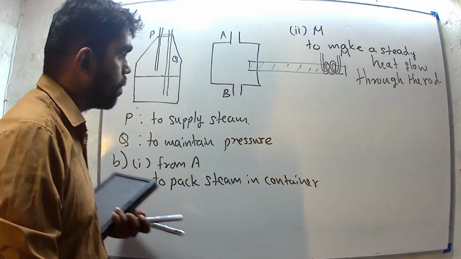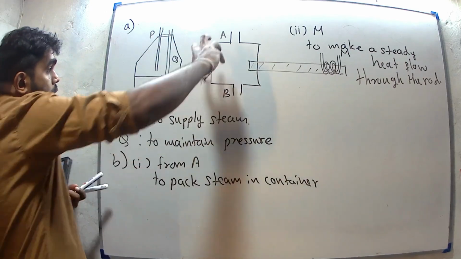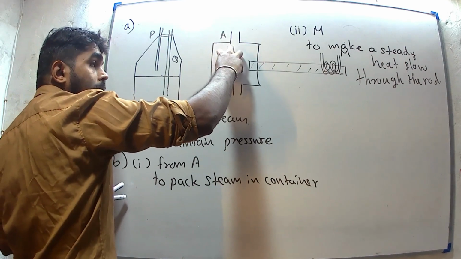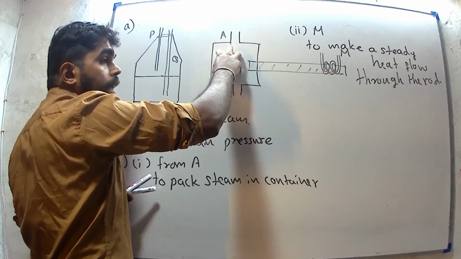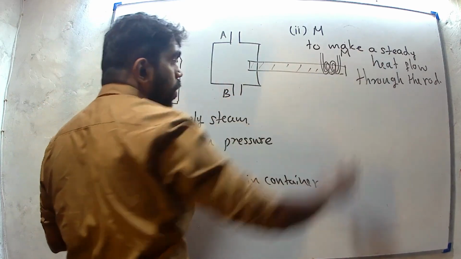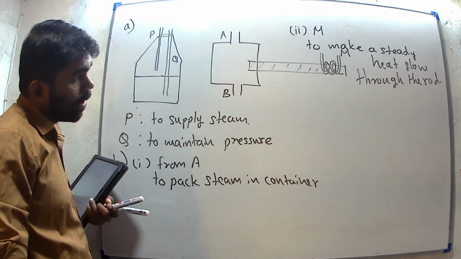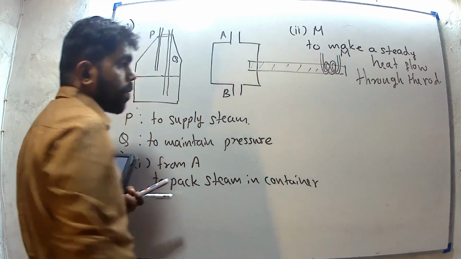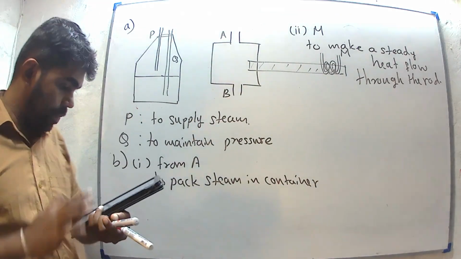Now you can understand, when giving heat energy by the vapor in this container, this heat energy will flow through the rod. It should be given out by the water flow of this tube. It makes a steady condition.